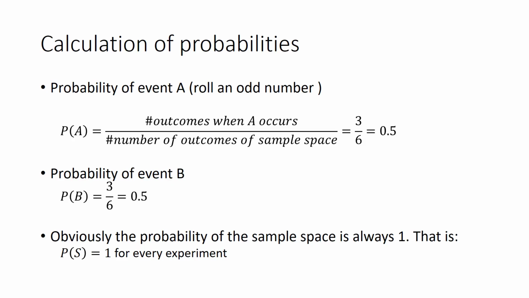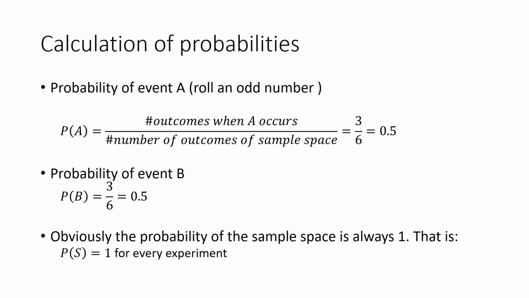So we know that rolling an odd number can be numbers 1, 3, and 5, and the sample space is composed of 6 events, right? So the probability of A is going to be 3 over 6, or 0.5.